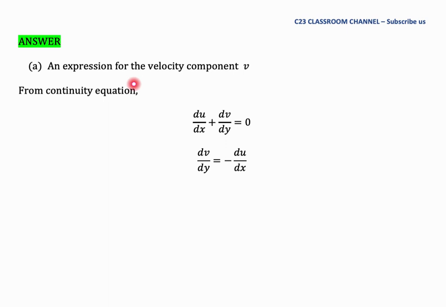From the continuity equation, we know that du/dx plus dv/dy is equal to 0. And now we need to calculate the velocity component v. So we could rearrange these terms into dv/dy equals minus du/dx. What we need to do next is integrate both sides, left and right, with dy.